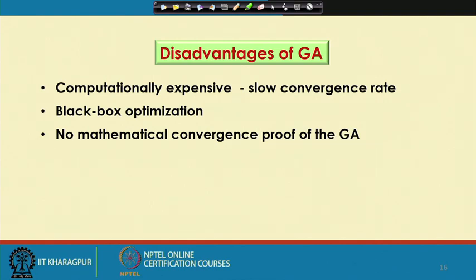Now, in GA there is no mathematical convergence proof and that is why many people do not believe GA. But there are some indirect proofs, like the proof using the schema theorem which I have already discussed, or with the help of some hand calculation I have shown that GA can improve the solution and it can find out the optimal solution.